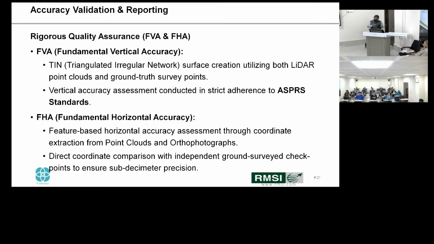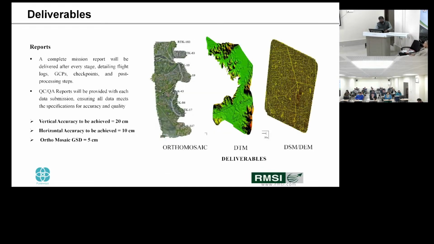We have control points and checkpoints. We bring the checkpoints to the data and assess whether it matches properly. Once it meets the vertical and horizontal accuracy, we hand over the data to the client and close the project.